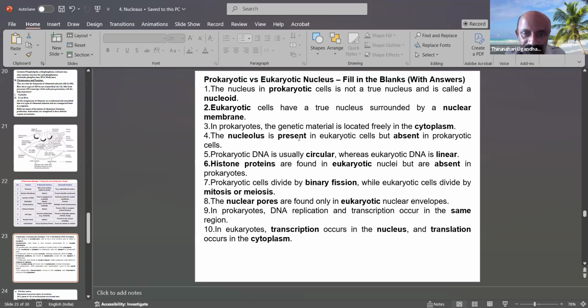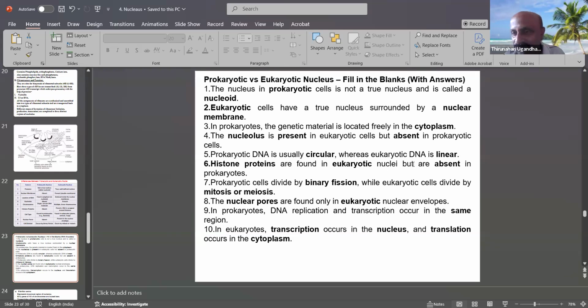In prokaryotes, the genetic material is located freely in the cytoplasm. The dash nucleus is present in eukaryotic cells and absent in prokaryotic cells. Prokaryotic DNA is usually circular, whereas eukaryotic DNA is linear.